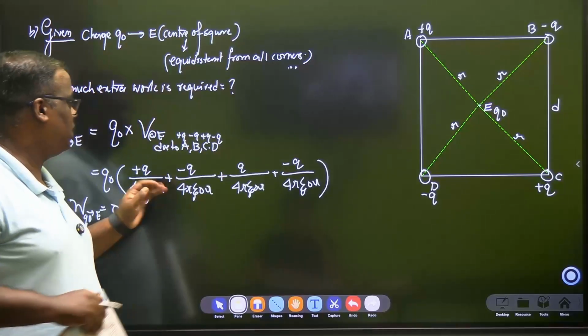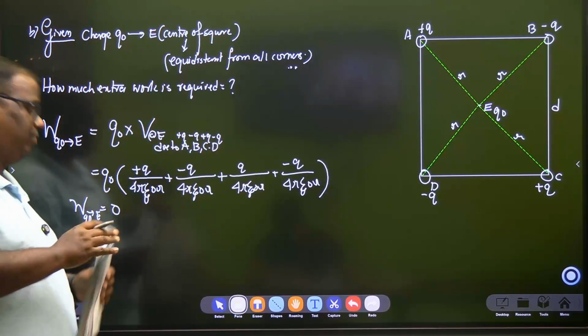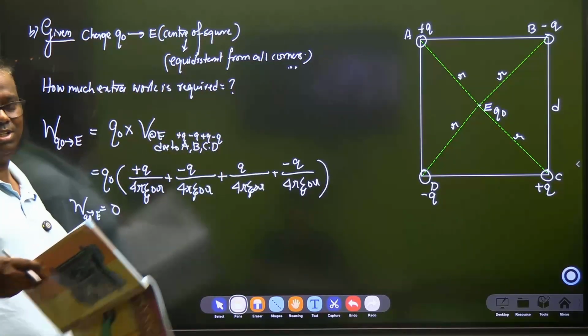Clear? This will cancel this, this will cancel this. Imagine it's like pulling a guy with equal force on either side. So the net force is 0.